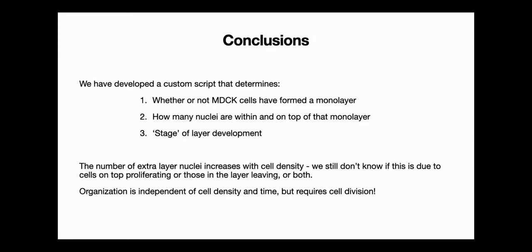I didn't show you this, but we are looking very much into whether the extralayer nuclei are there because of cells just landing on top initially, cells landing on top and then dividing, or cells leaving the layer, or both. So we're looking at that. And we also have seen that organization is actually independent of cell density and time, but definitely requires cell division.